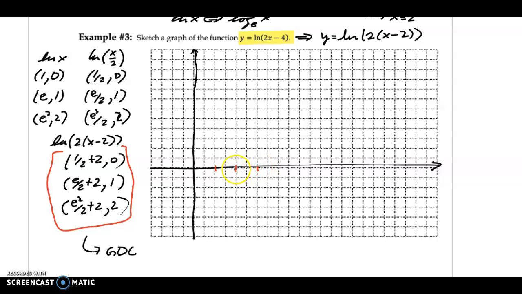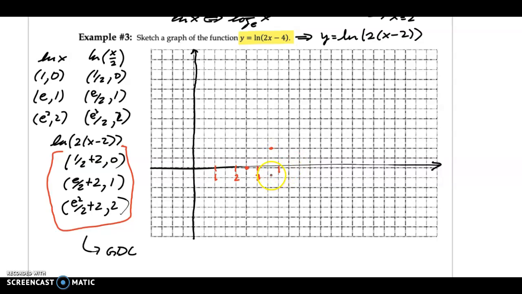That's at 2.5, and it's at y equals 0. The next one, you'd need a calculator for, e over 2 plus 2, so this is going to be like 3.5. So that's 3 here, and this is going to be 3.5, and its y-value is 1. So I'm going to say 1's here.